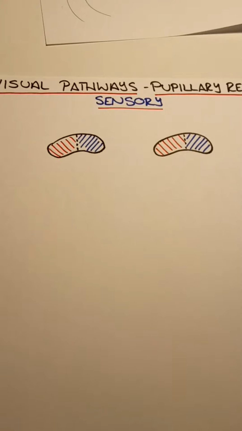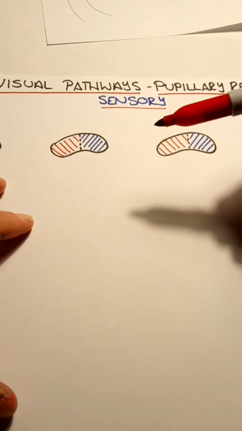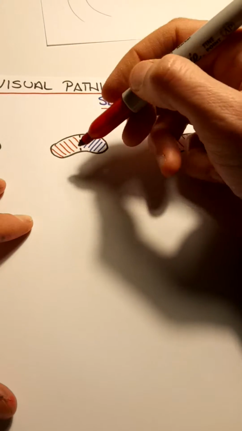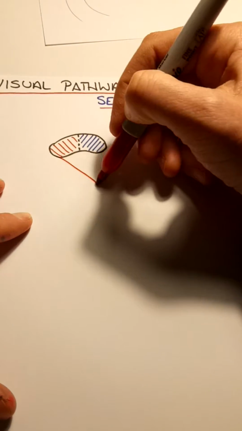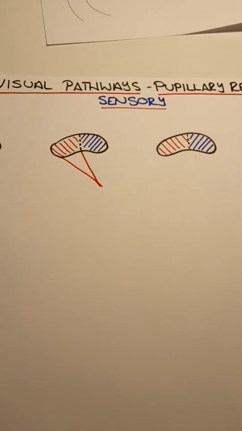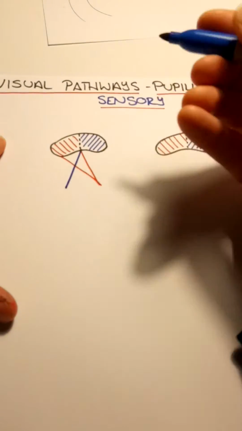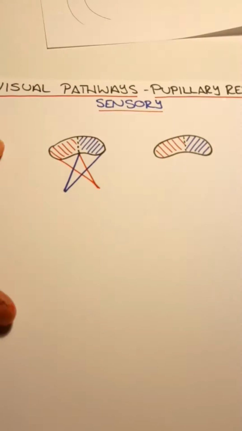So what we do, there we go, zooming on that. We draw a couple of triangles. All right, so you've got one coming here. There's one triangle. And then you want a blue triangle crossing it. So there and there.